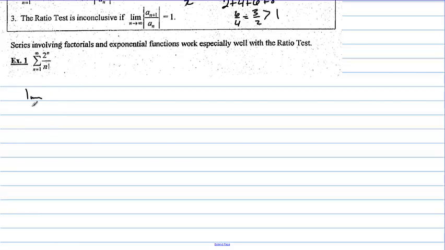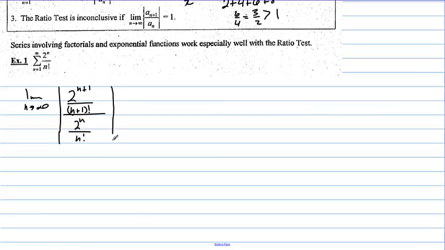Let's take the limit as n approaches infinity, and the ratio test says add 1 for n. In other words, let's find the next term. The next term would be 2 to the n plus 1 over n plus 1 factorial, and divide that by the previous term, 2 to the n over n factorial.